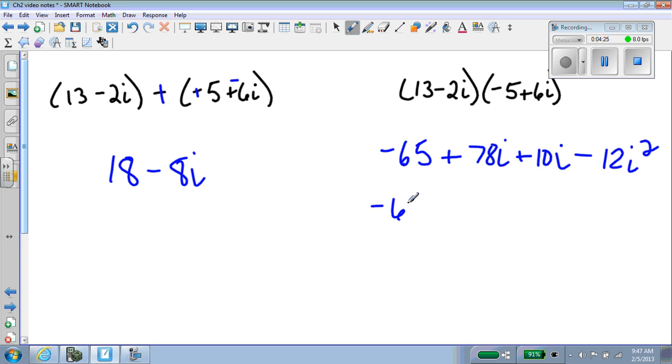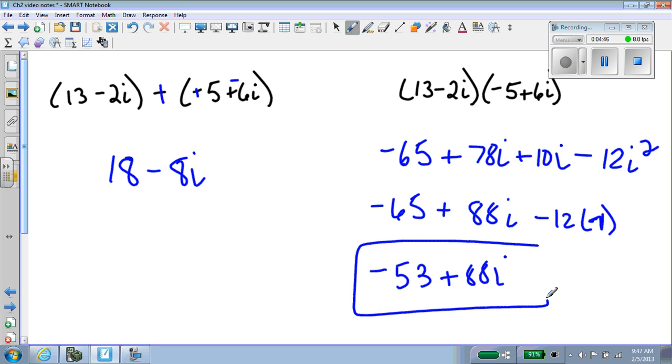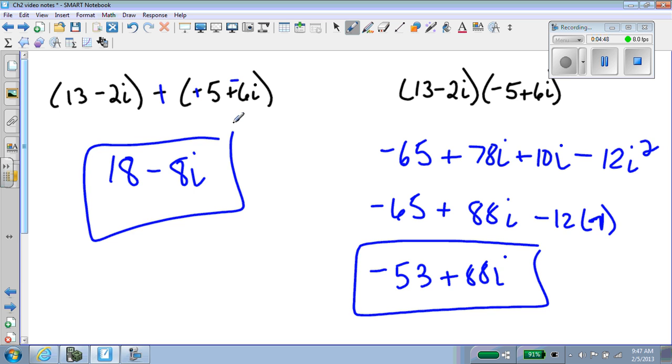So I have -65 plus 88i minus 12 times -1, so that would be plus 12. So -65 plus 12 would be -53 plus 88i. Well, that was a lot of work, I think because I gave myself big numbers.